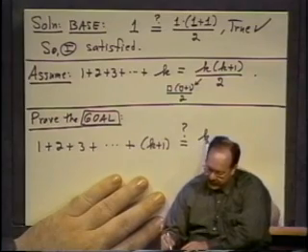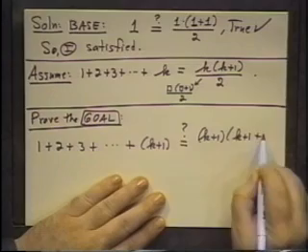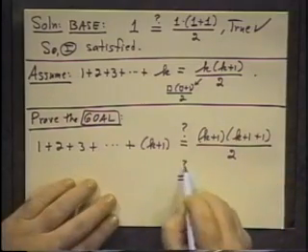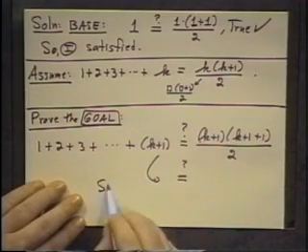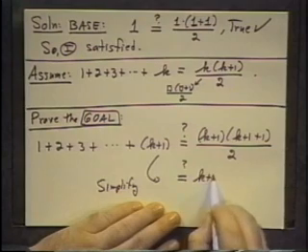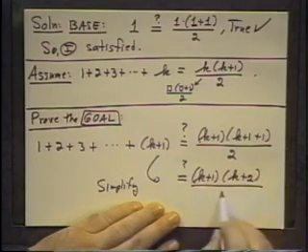So we will have k plus 1 here times k plus 1 all over 2. Well, of course, I can simplify that. And whenever you can simplify something, go ahead and do it. And I will have k plus 1 times k plus 2 over 2.